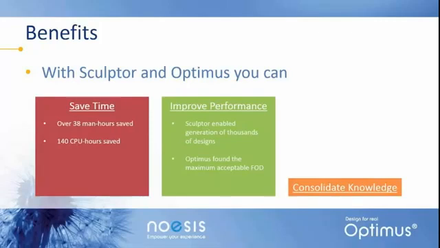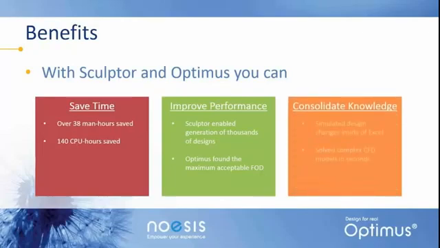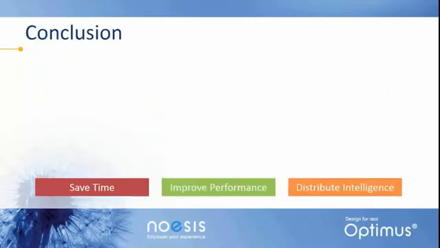And then Optimus found the maximum acceptable FOD. And ultimately, we showed how the simulated designs can be extracted or changed by non-CFD users inside of Excel, and the complex CFD models were able to be solved in seconds.